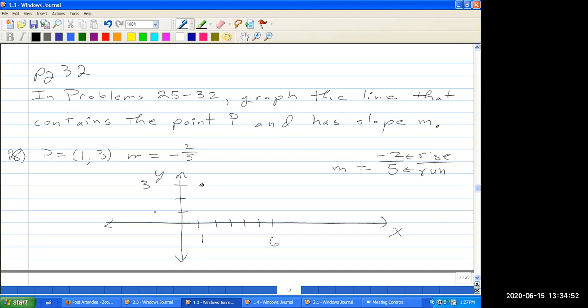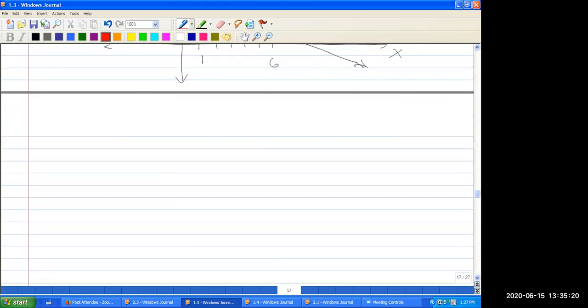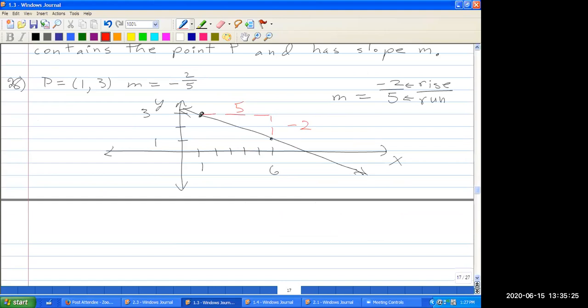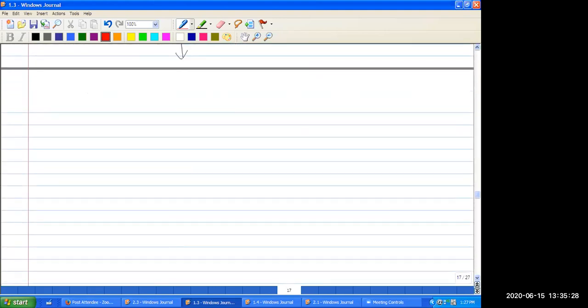And a rise of -2, so I go down 2 units. And so this is my line. So I have here a run of 5 and a rise of -2, so I go down 2 units. Okay. That's it, I guess.